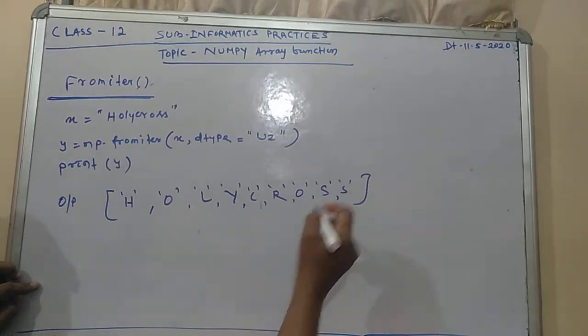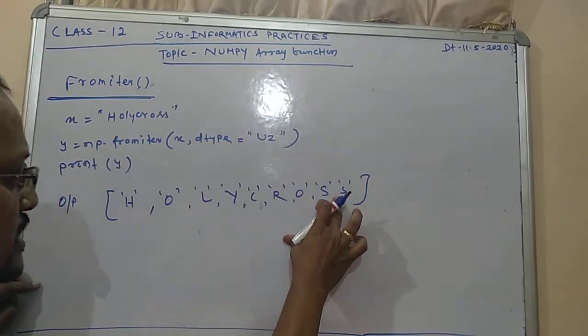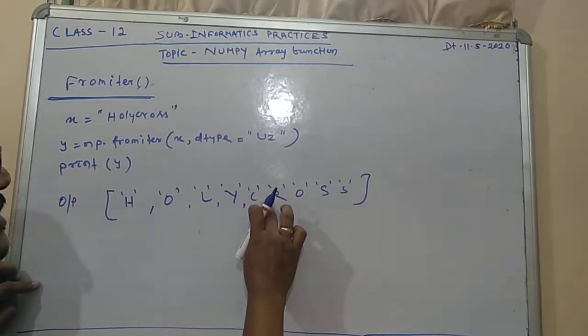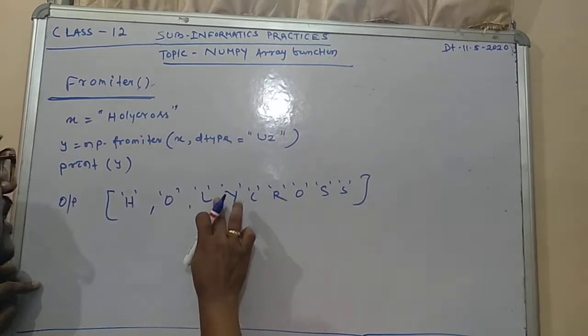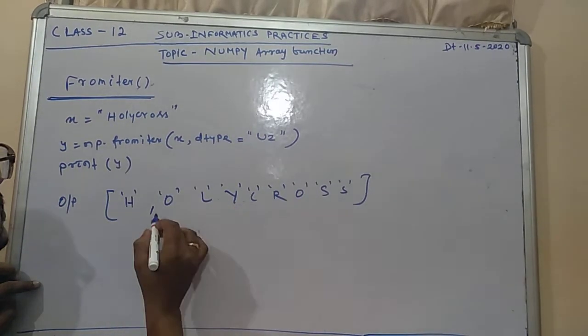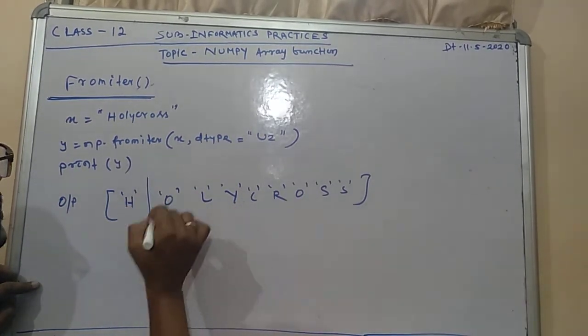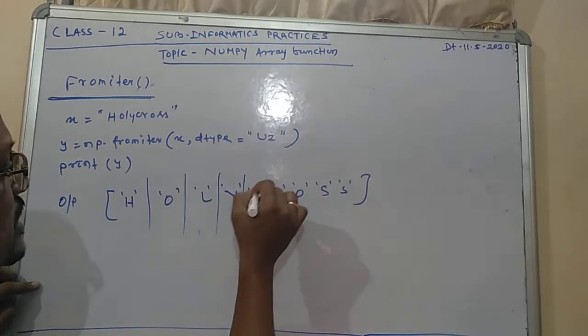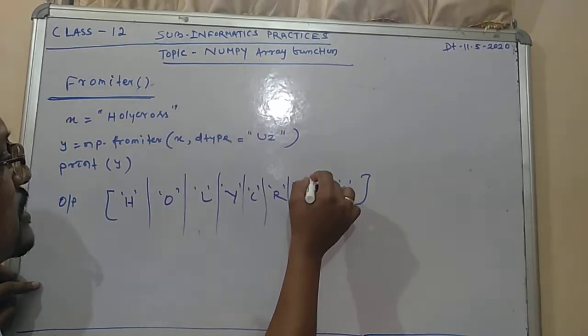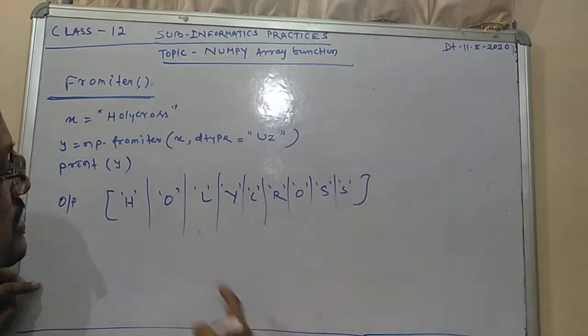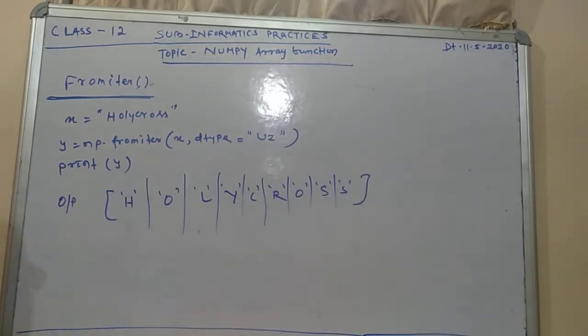This type of output will come, but here the comma will not come. Did you understand? The comma will not come because all of these are individual string parts. Are you getting me? Holy Cross part. Comma will not be there because we are getting array output. That's why this type of answer will come.